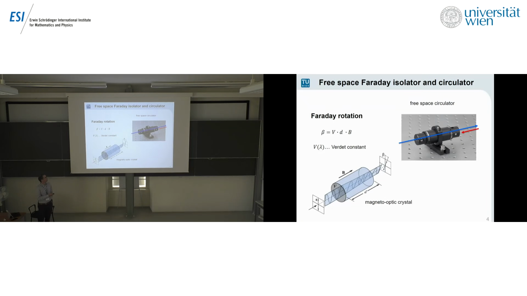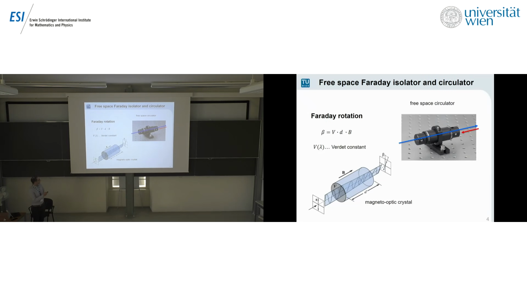If you choose the material, the magnetic field, and the length of your crystal such that after passing through the crystal once you rotate by 45 degrees, then light that comes in the opposite direction will rotate in the same direction. Thus, if you put a polarization filter here, where only linearly polarized light polarized like the initial beam will pass, it should be blocked at this point.